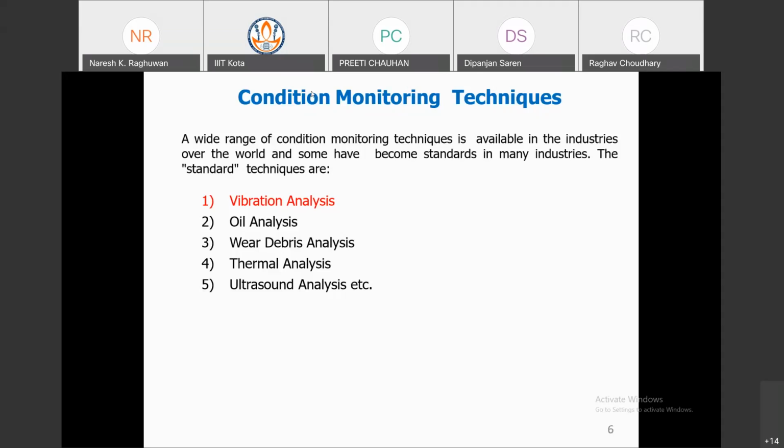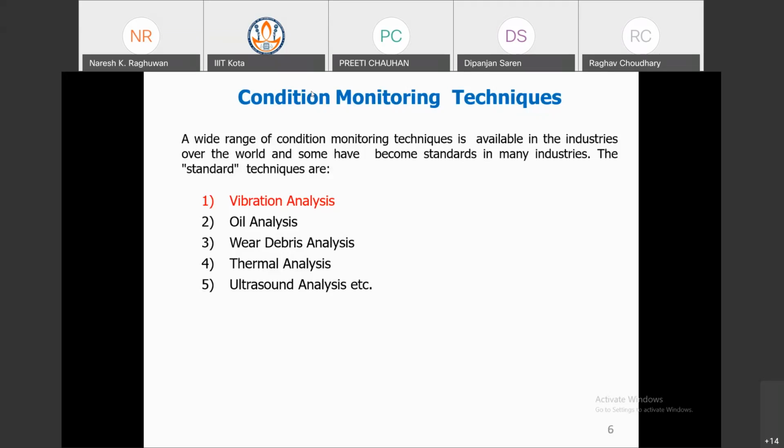Wear debris analysis also: wear debris means the particles I have explained. Some magnets are used to detect, suppose iron is there, and then they attract these particles. In wear debris analysis, broadly, you consider the different sizes of the wear debris. There is a separate chapter for this.